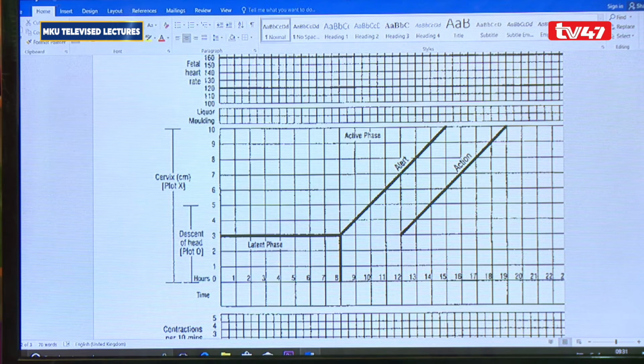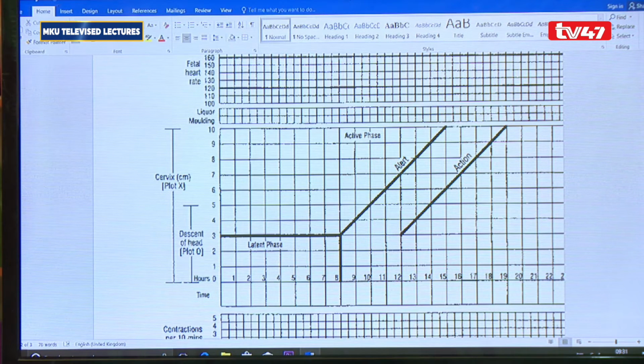vertex presentation, whereby for a vertex presentation to take place, the presenting diameters must be the biparietal diameter, which is 9.5 centimeters, and the suboccipital bregmatic diameter, which is also 9.5.